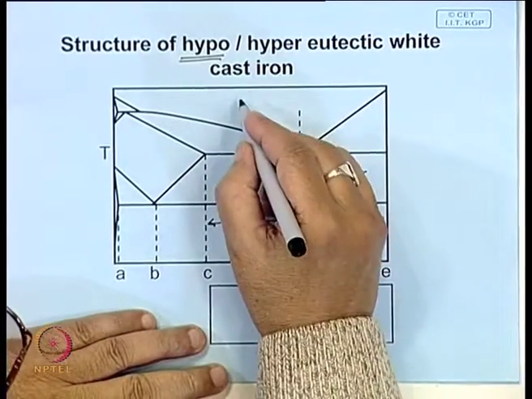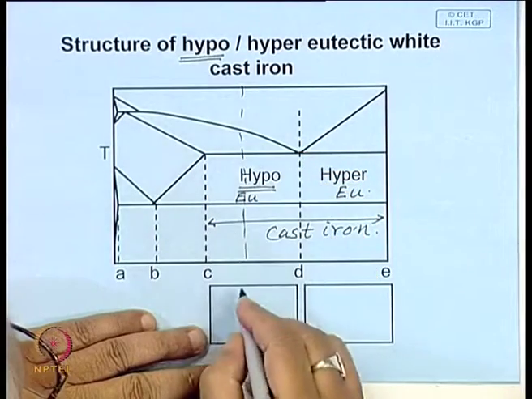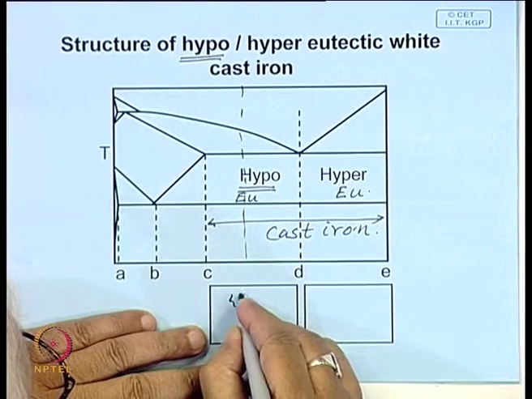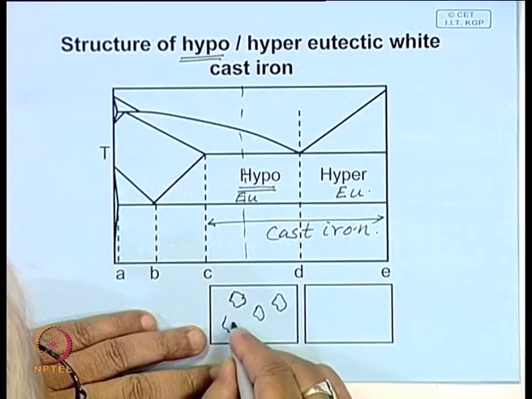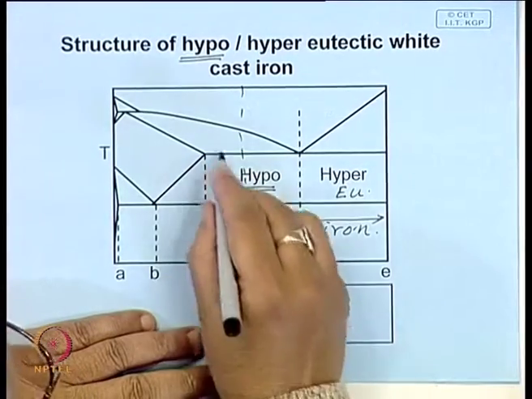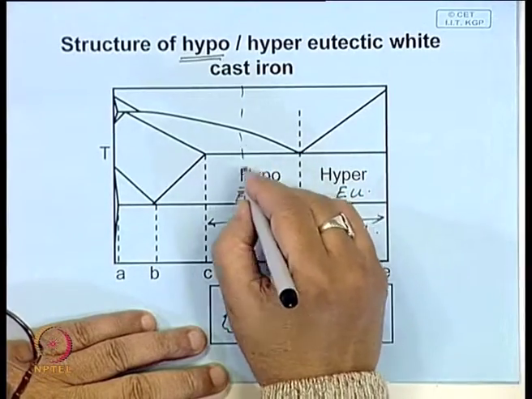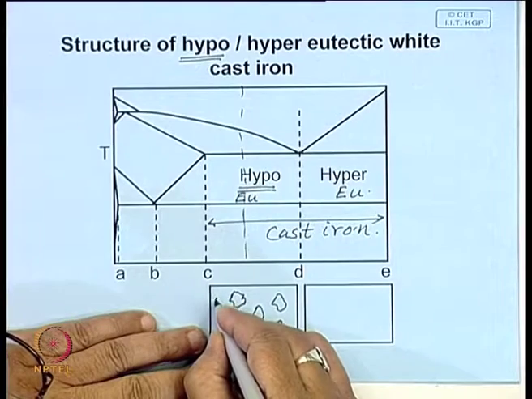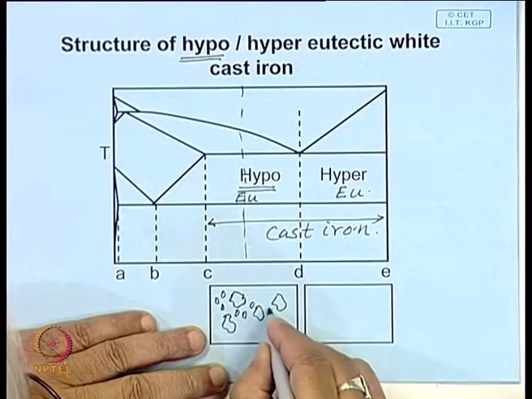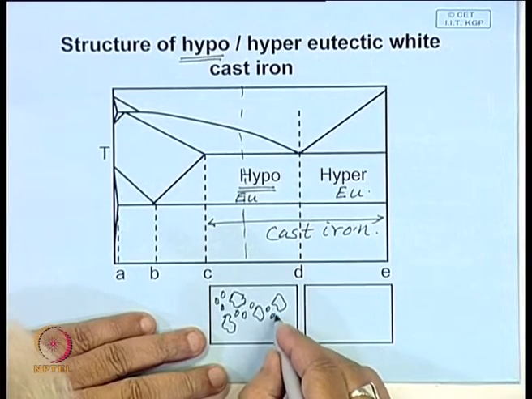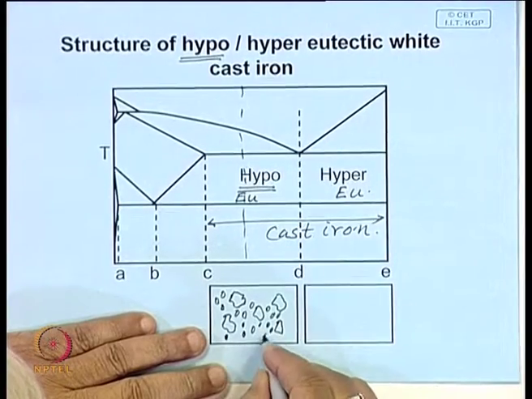And what will be the structure of a hypoeutectic cast iron? When it solidifies, you will have some primary grains of austenite, depending on the composition where you are, and when the eutectic isotherm is crossed, you cool below the eutectic isotherm, and you will have the ledeburite structure formed.